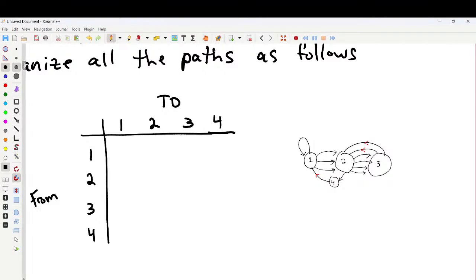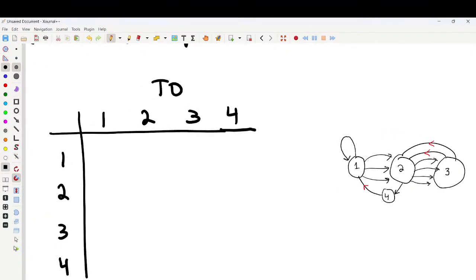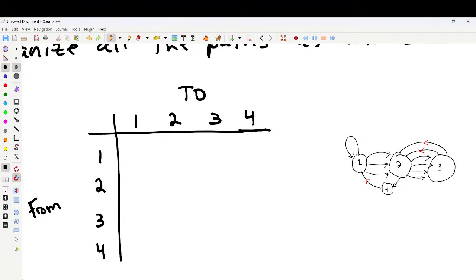So we're going to count the number of paths starting from City 1 and back to City 1. How many highways or paths or airplanes, flights, start at City 1 and return to City 1? 1. Right here. You can start at City 1 and come back to City 1.